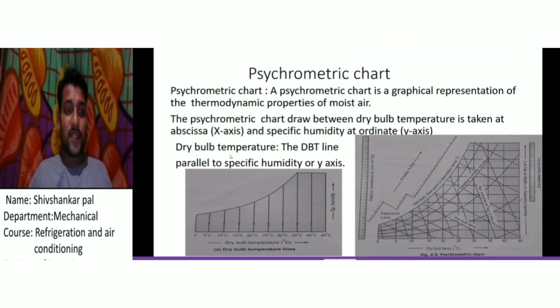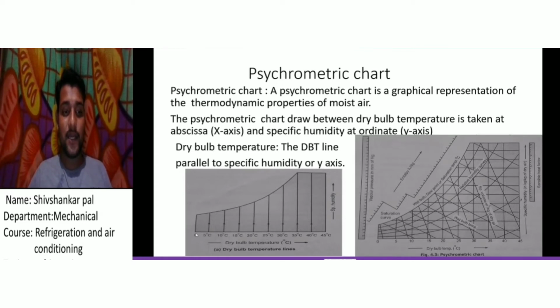When the question asks what is the dry bulb temperature, you explain that the dry bulb temperature lines are parallel to the specific humidity axis, or y-axis. Any line parallel to the specific humidity axis is a dry bulb temperature line.